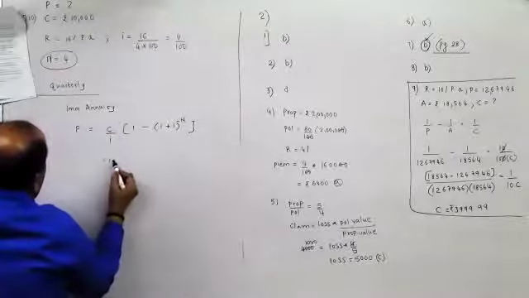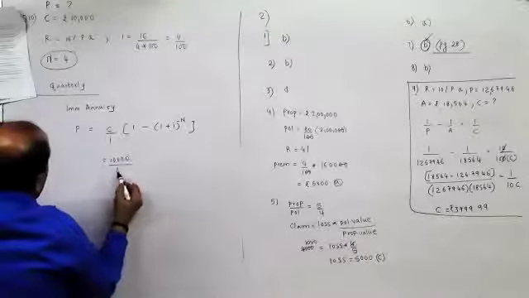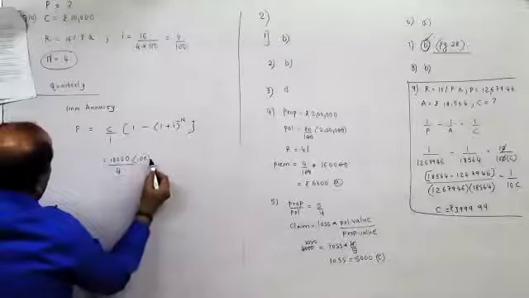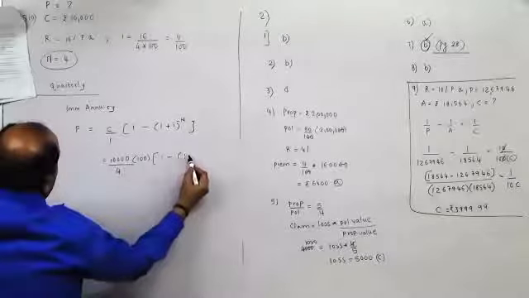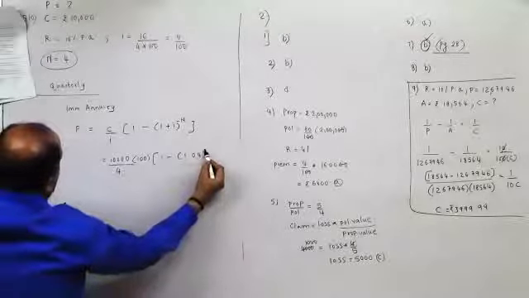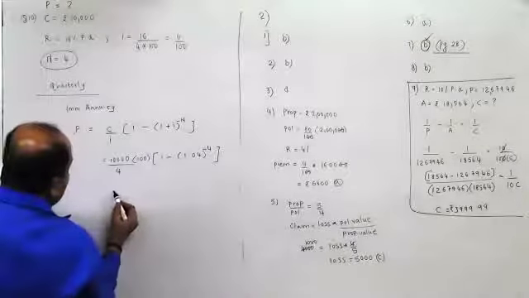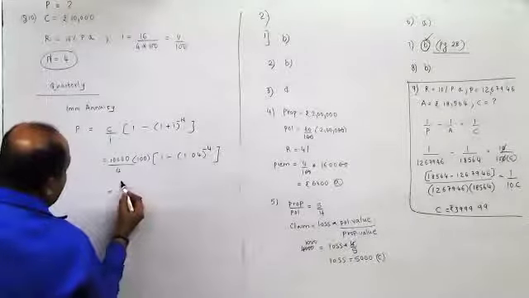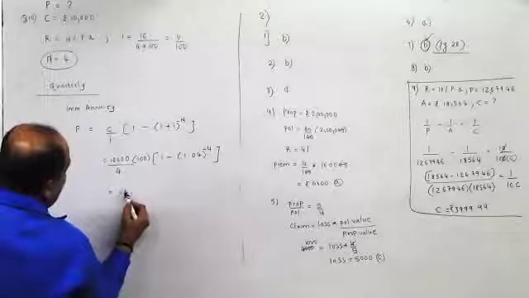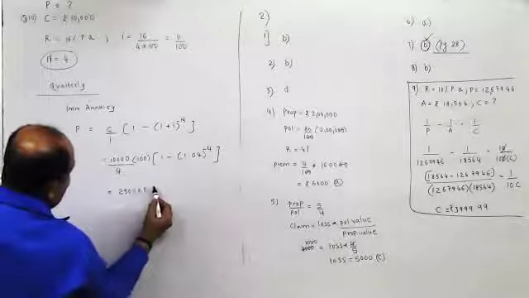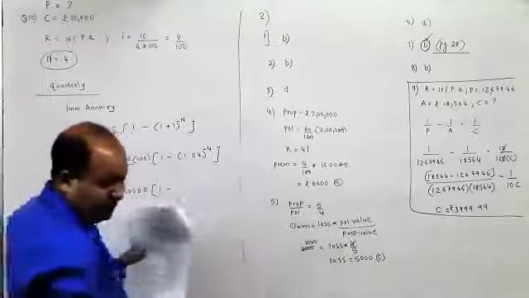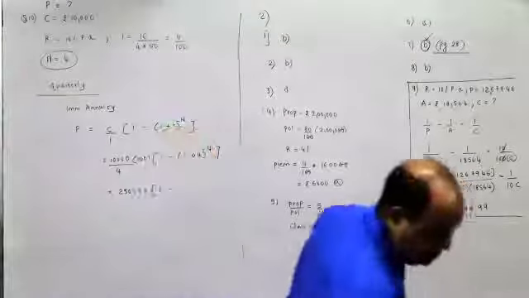C is 10,000. I is 4 upon 100. 1 minus 1.04 raised to minus 4. Now, what is 1.04 raised to minus 4? This would be 2,500 and 2 zeros. What is 1.04 raised to minus 4?